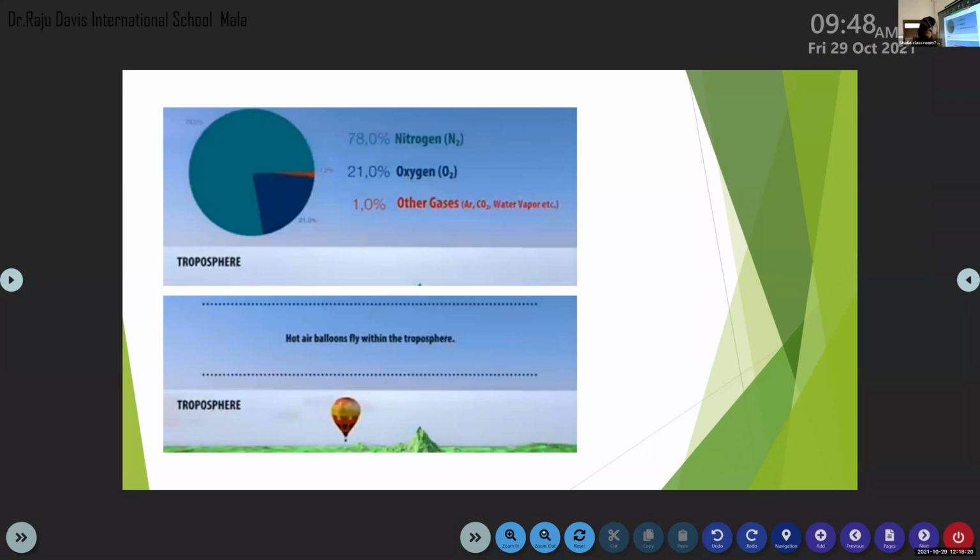And hot air balloons fly within this troposphere. The hydrogen and helium and other gases are in the exosphere. Here hydrogen and helium are there, but the level of these, children, is very low.